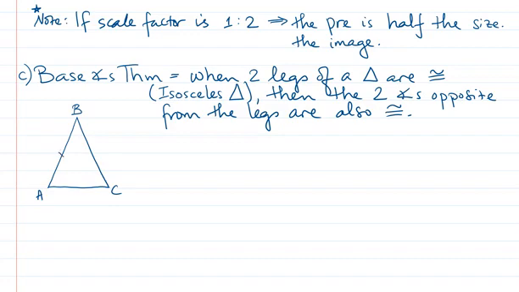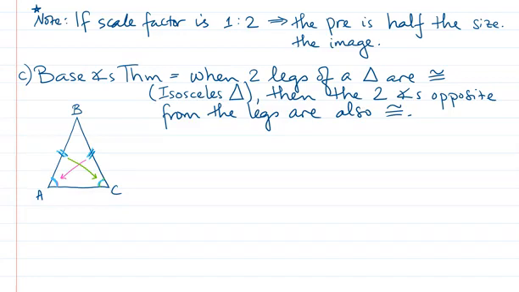And as you can see by the marking, side AB is congruent to BC. So according to this theorem, the opposite angle from BC, which is angle A, and the opposite angle from side BA is angle C. So because the legs are congruent, right, it's a double tick mark on each side, that means both are the same thing, then that makes the two angles, which means angle A and angle C, congruent.